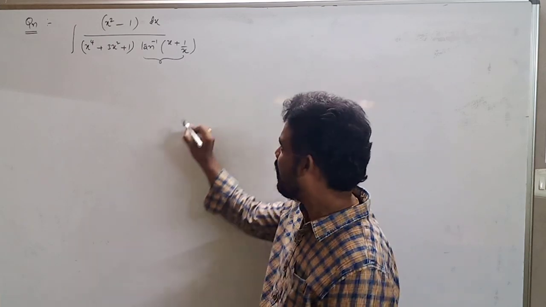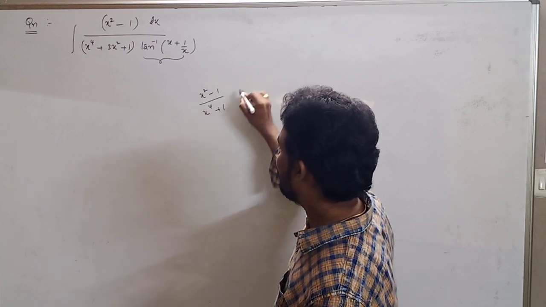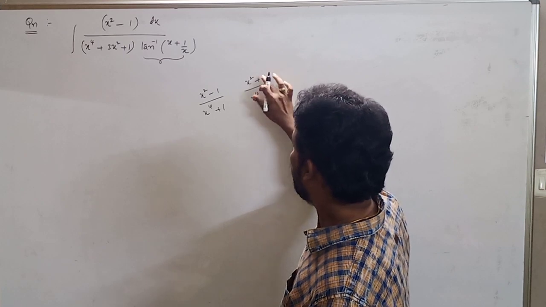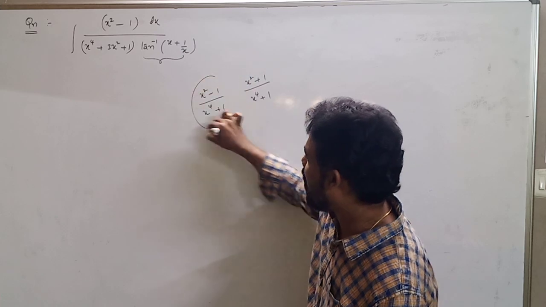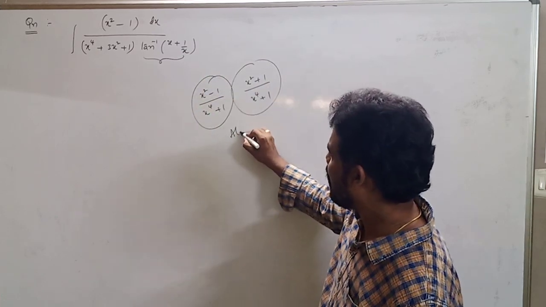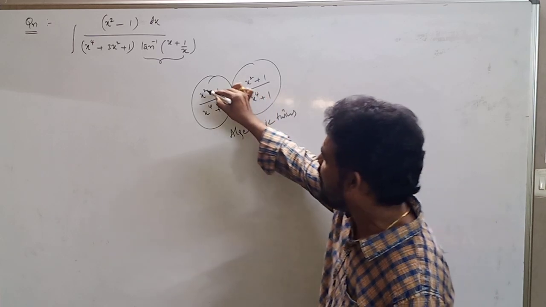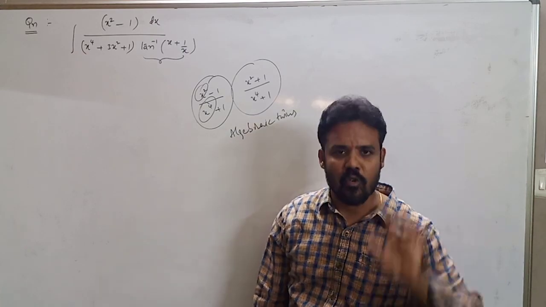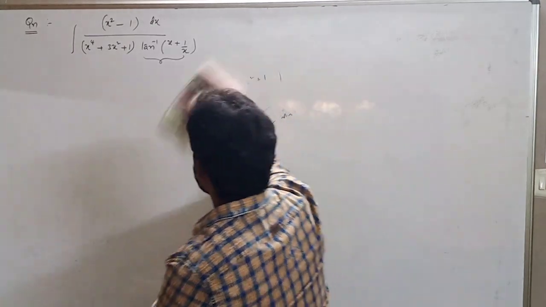For example, x square minus 1 by x power 4 plus 1, or x square plus 1 by x power 4 plus 1. These two are called algebraic twins. My idea is to take x square common.